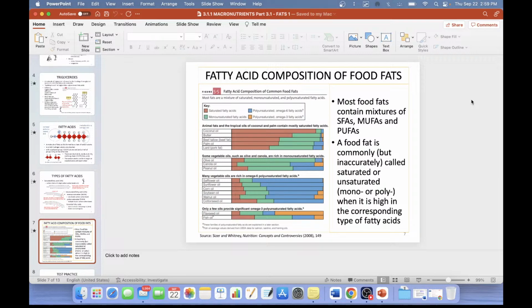But as you can see, all of these fats, which are the fats that we commonly eat and add to create dishes with food ingredients, contain mixtures of both saturated and unsaturated. So a food fat is commonly but inaccurately called saturated or unsaturated, and it can be called monounsaturated or polyunsaturated when it is high in the corresponding type of fatty acids.